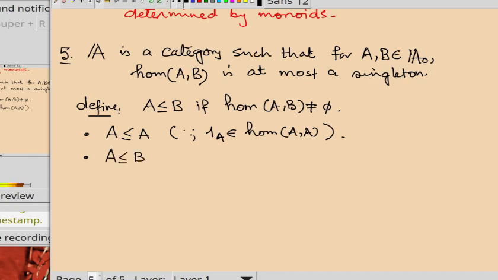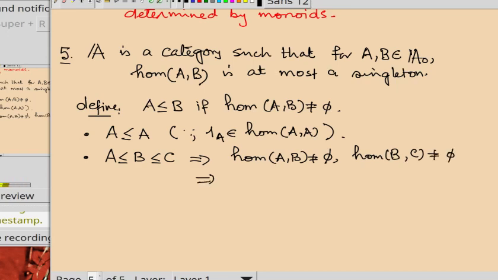And if A is less than or equal to B and B is less than or equal to C, this implies Hom AB is non-empty and Hom BC is non-empty.